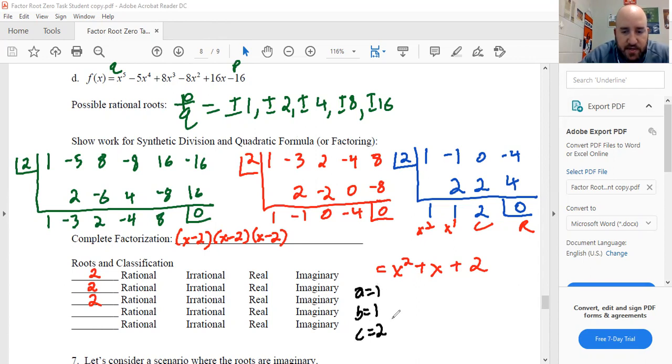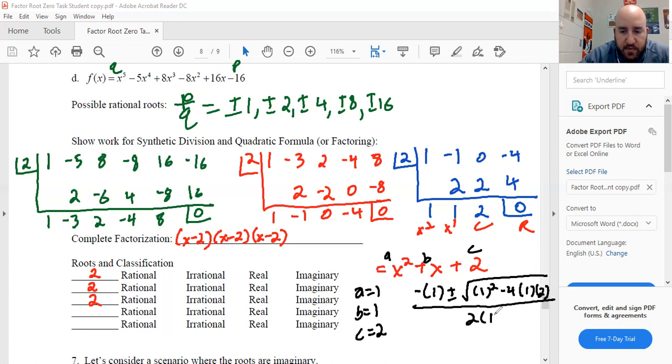A is 1, B is 1, C is 2. A, B, C. Go ahead and jump into the quadratic formula. So -1 plus or minus the square root of 1 squared minus 4 times 1 times 2 all over 2 times 1. -b plus or minus the square root of b squared minus 4ac over 2a.